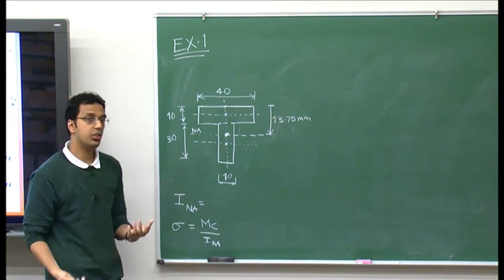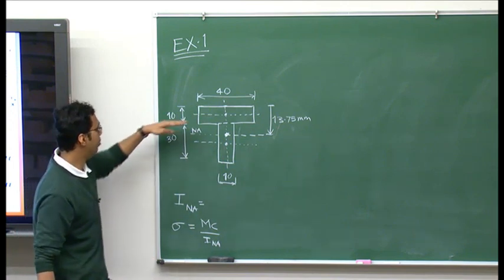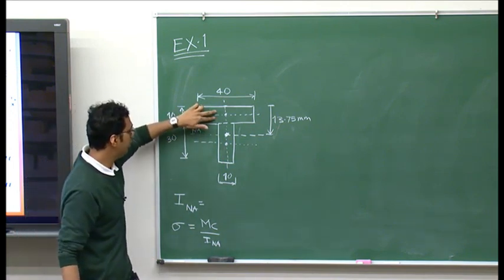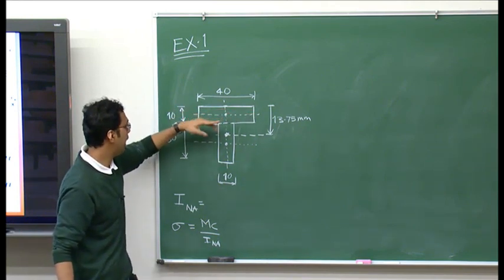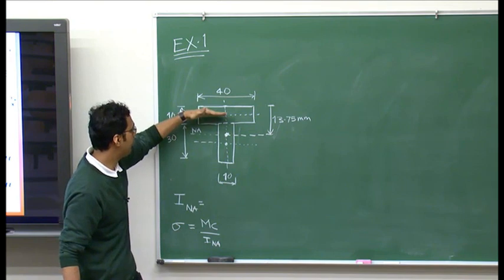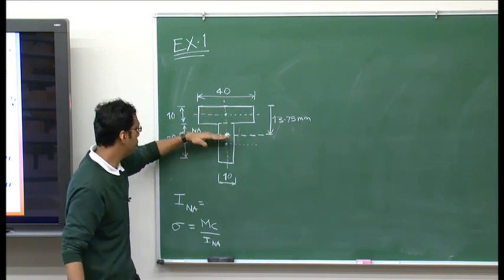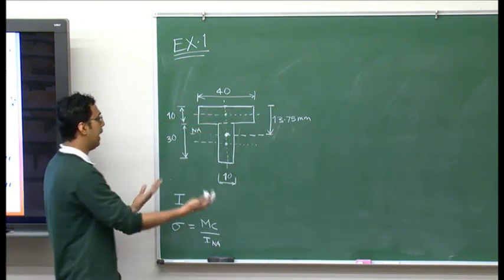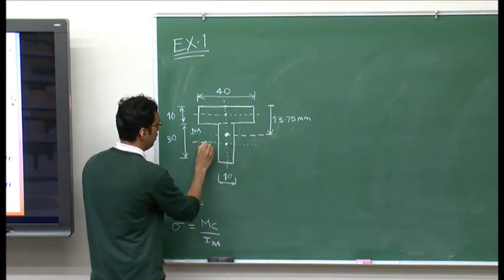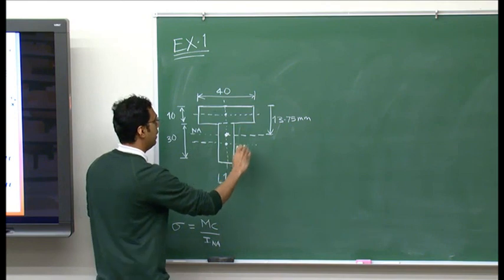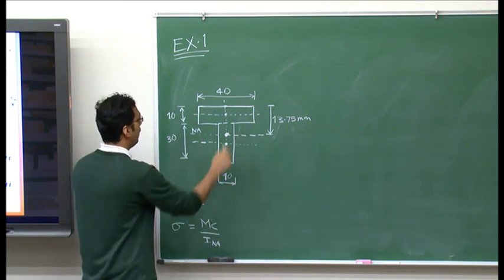The conventional way of solving this problem would be to find moment of inertia of this upper rectangle about its own centroidal axis, then use parallel axis theorem to transfer that moment of inertia to the neutral axis, and then add moment of inertia of this rectangle about its own centroidal axis and transfer it again to the neutral axis.